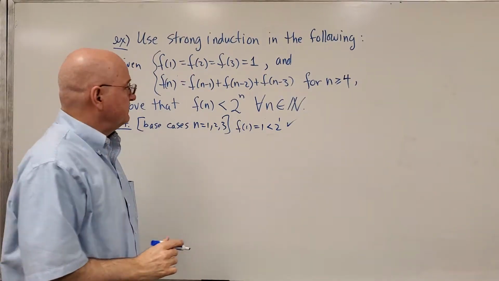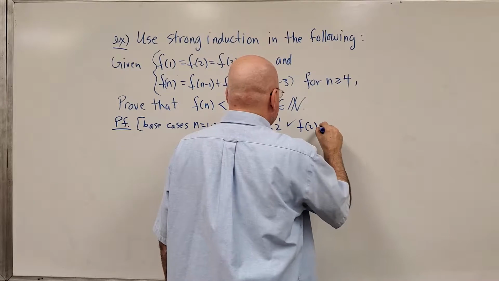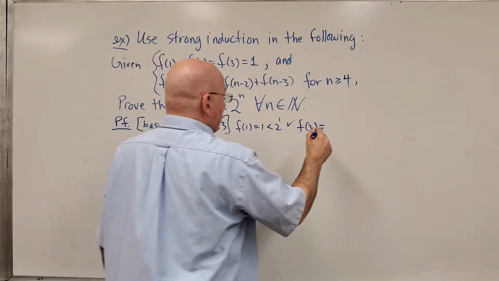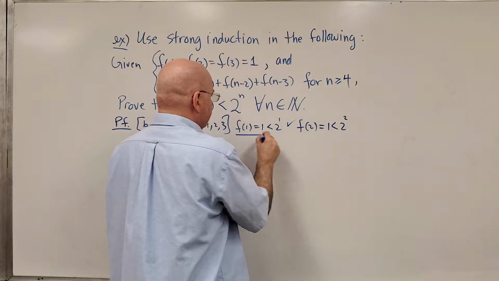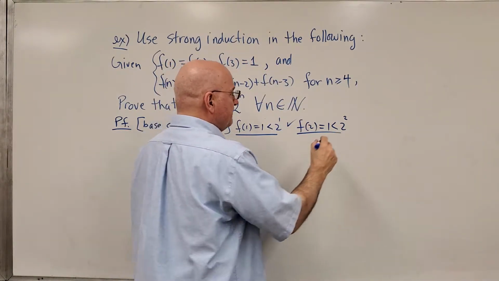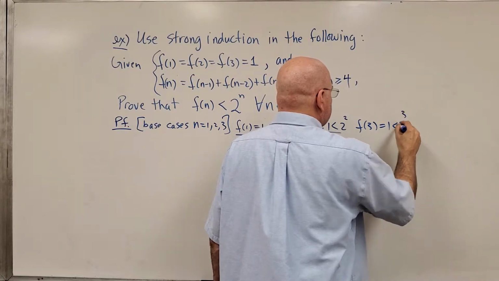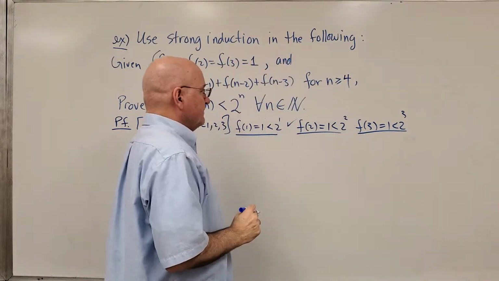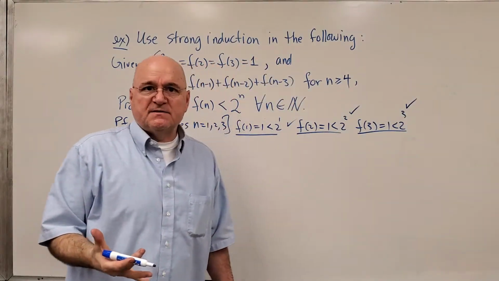That one holds true. f of 2 is equal to 1, and that's less than 2 squared, simply. And we got one more. f of 3 is equal to 1, and that's less than 2 to the 3rd. So we proved that the base cases work.